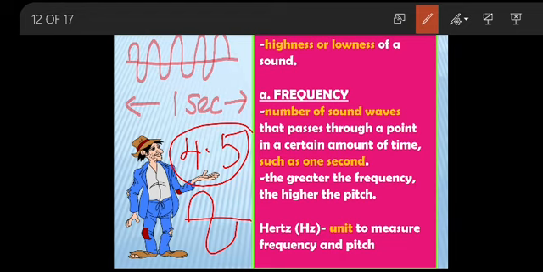So 4.5 times. Whenever I calculate the number of waves traveled in 1 second, for a time period of 1 second, if I just count the number of waves propagated in a medium, then that is my frequency.